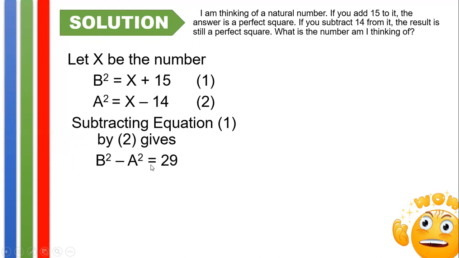We have this equals x minus x becomes 0, and that's why there's no more x here. And 15 minus negative 14 becomes 15 plus 14, or simply 29. Hence, b squared minus a squared equals 29.